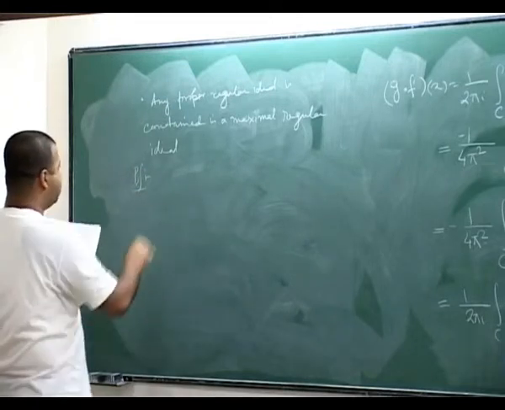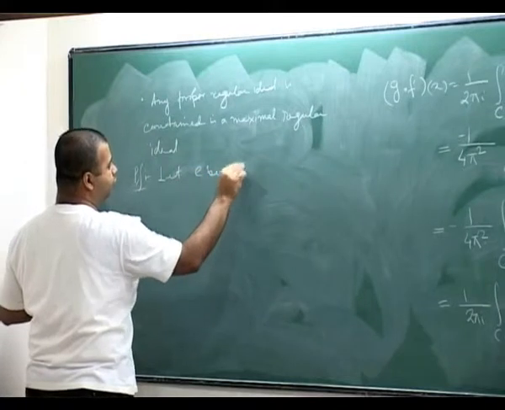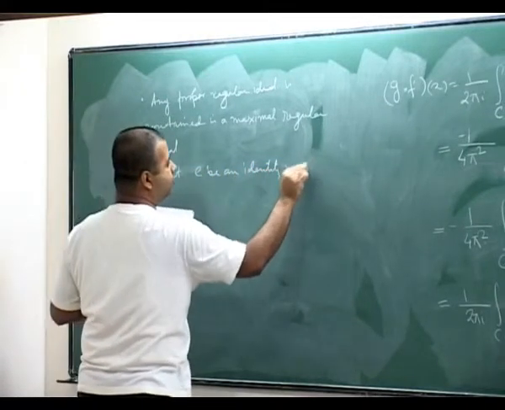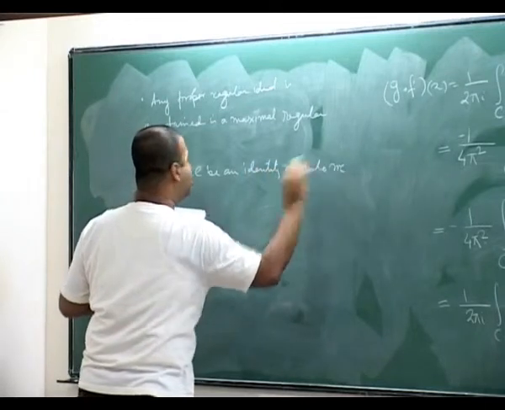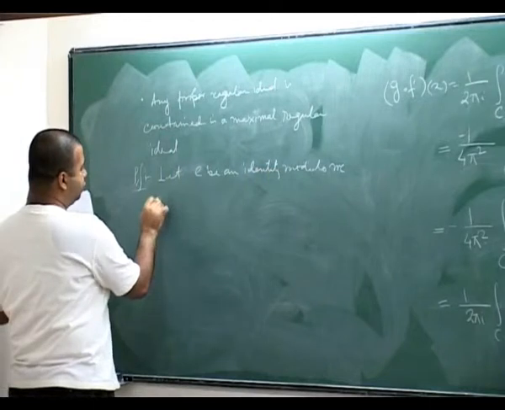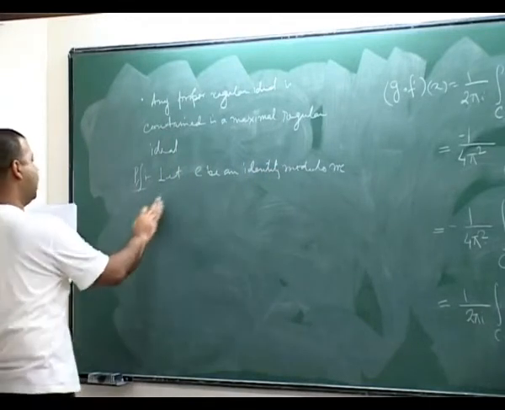Proof of this is: you fix an identity modulo M, and then of course that remark, any ideal containing M is regular.